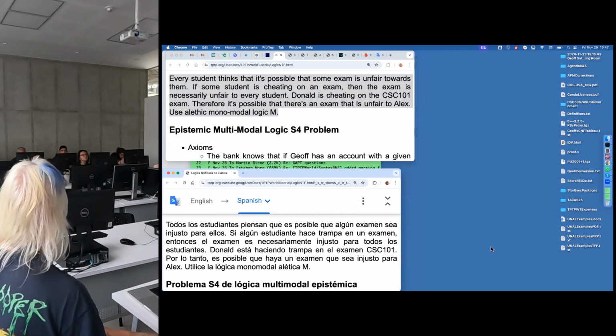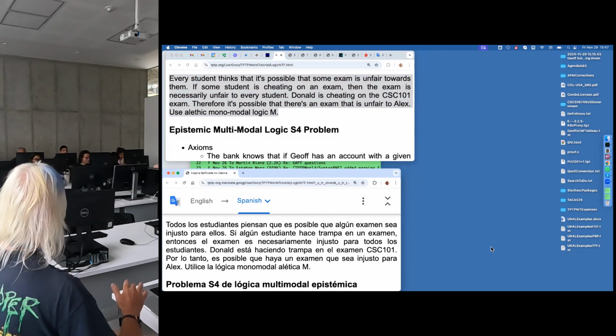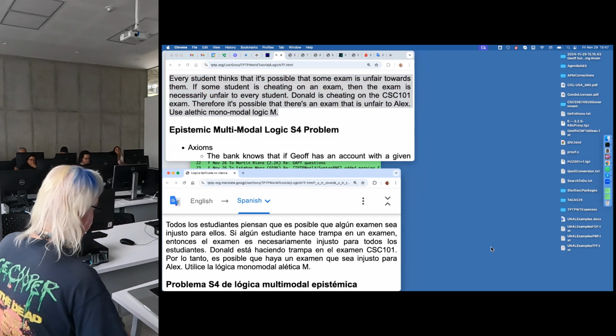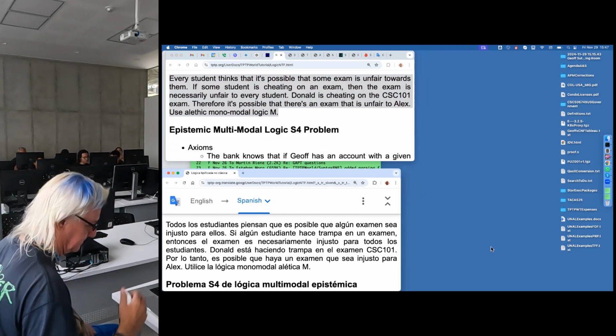Everybody did the topology exam yesterday. And the exam was unfair. What's the answer?